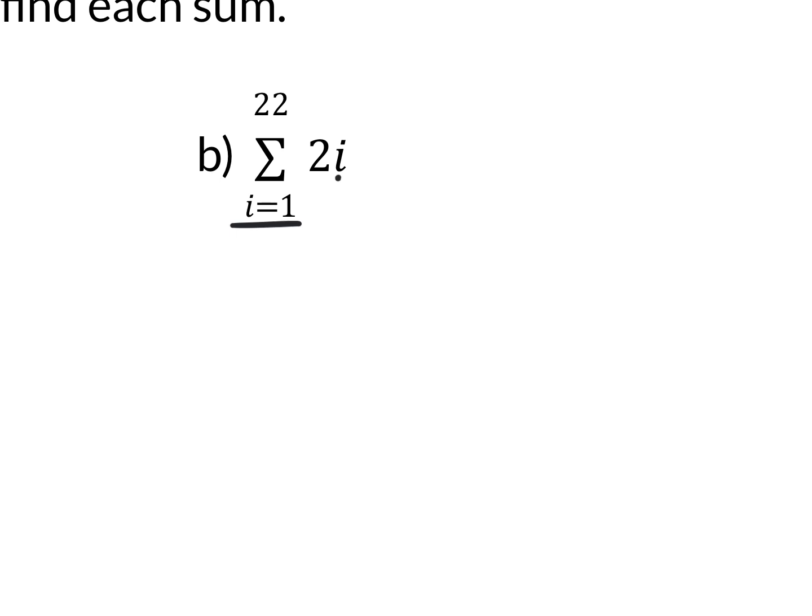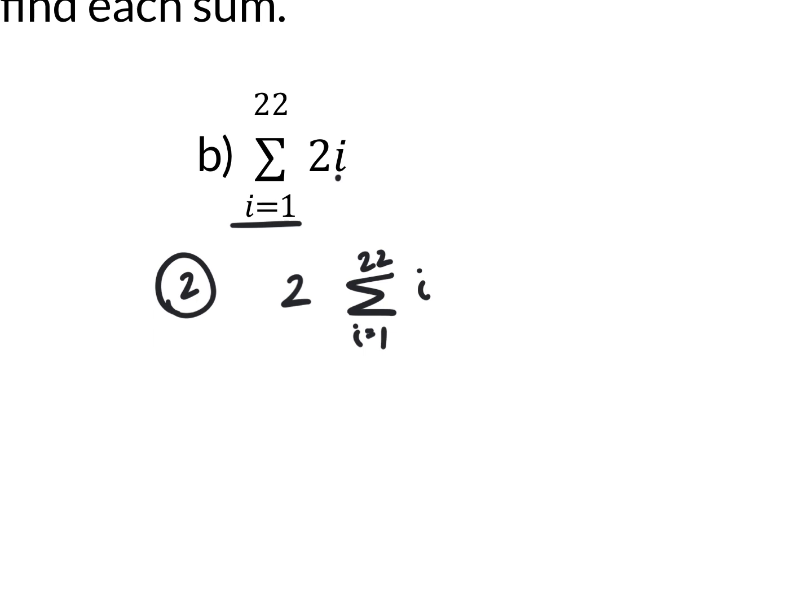What 2 properties do you think we're going to have to use from up above? Number 2, because I've got a constant times a series, and not quite number 1. Let's take out the 2 first. So this is using property number 2. I could rewrite this as 2 times the summation from 1 to 22 of i.